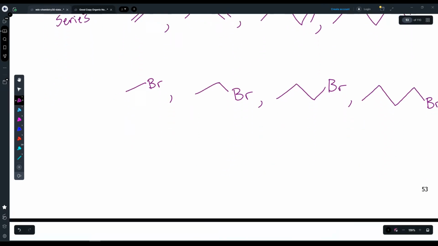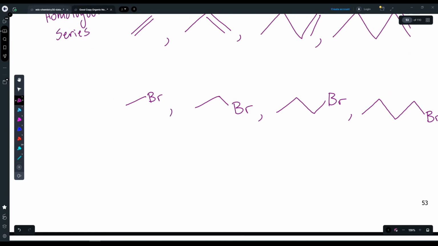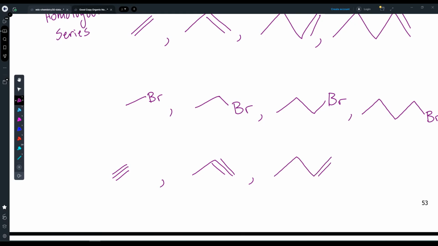Okay, one last one that I wanted to talk about here would be with alkynes, so compounds that have triple bonds in them. So this would be ethyne, propyne, and butyne.